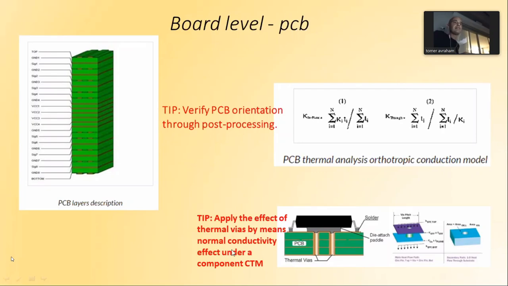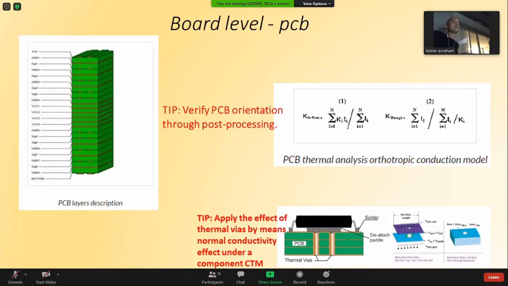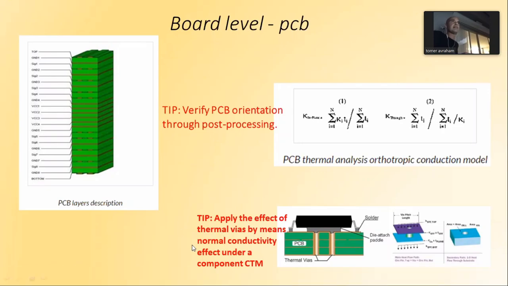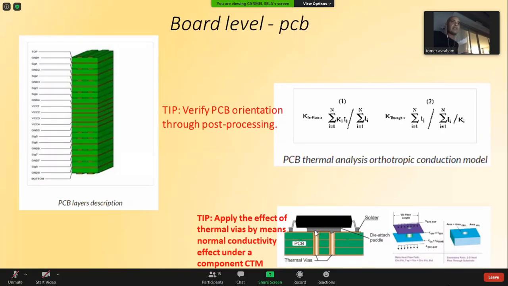Apply the effect of vias on the normal conductivity. Most components have vias, thermal vias. You can get the thermal vias from the board designer, the one who actually does the board.